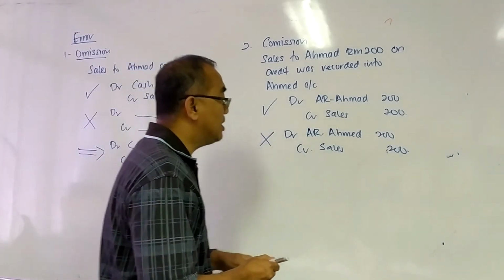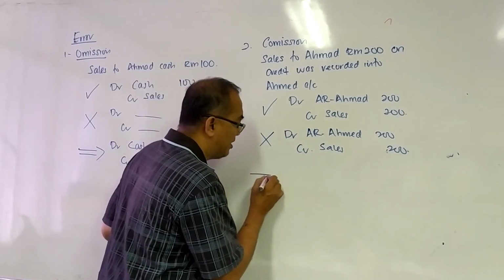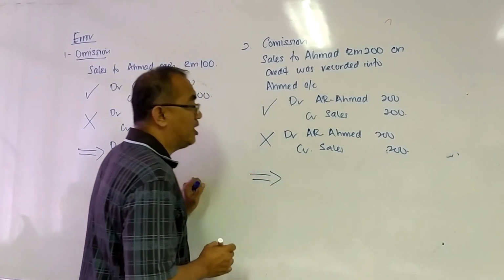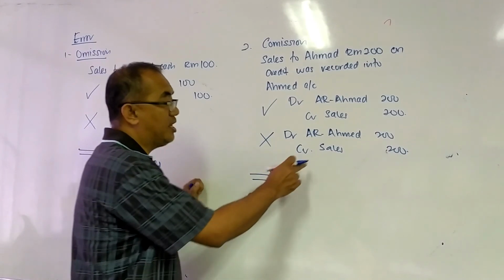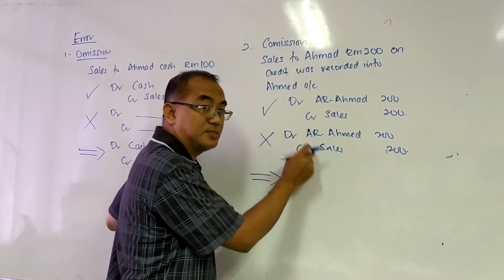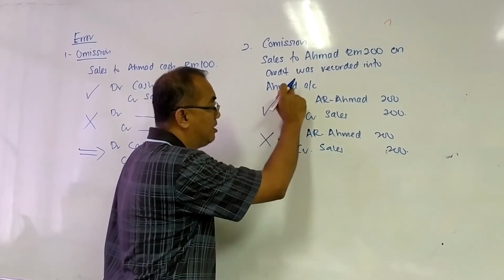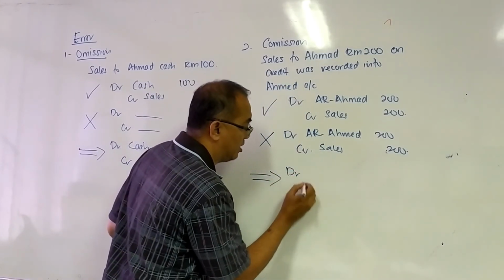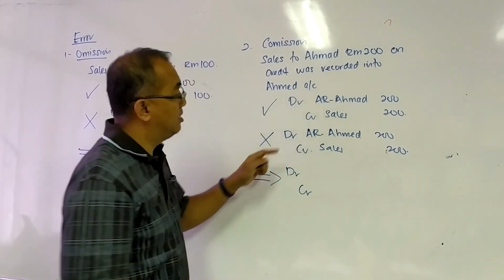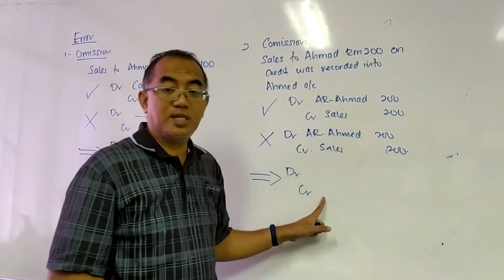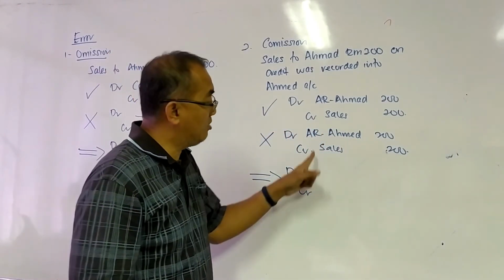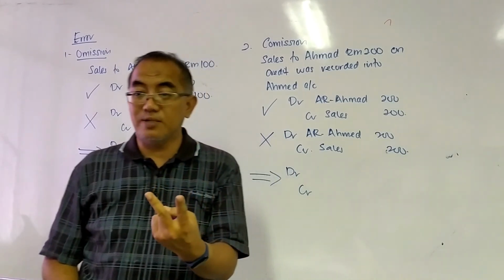So how do you remedy this? Let's try a correction. So sales is correct. So the right one, the correct one, okay, you cannot credit your sales again, because if you credit your sales again, it will be double.